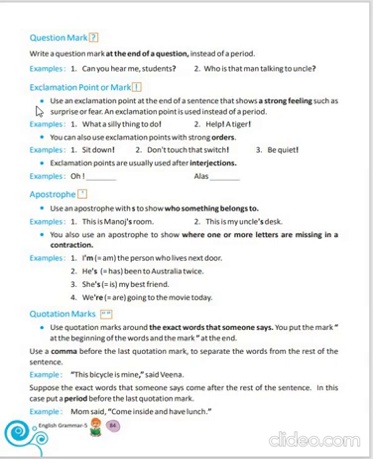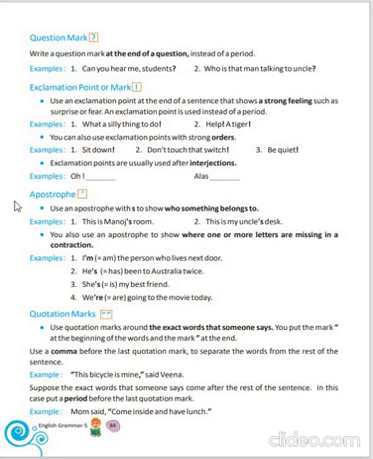And also exclamation mark is used with strong orders, like: Sit down! Be quiet! Exclamation mark is also used after interjections, like: Oh! Alas!